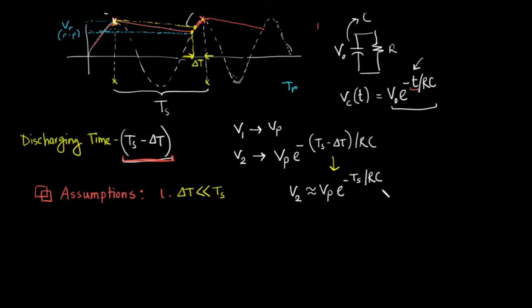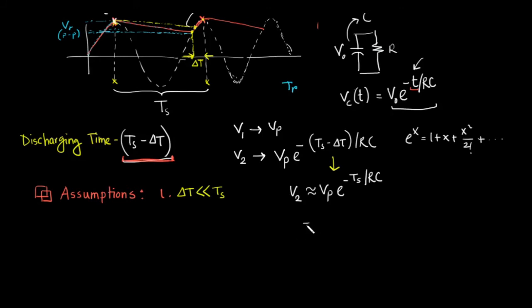Probably you remember an expression for e to the power x from your calculus days. Perhaps you remember that we can write e to the power x as 1 plus x plus x square by 2 factorial plus x cube by 3 factorial, and so on. So we will use this expression to expand this e to the power term.